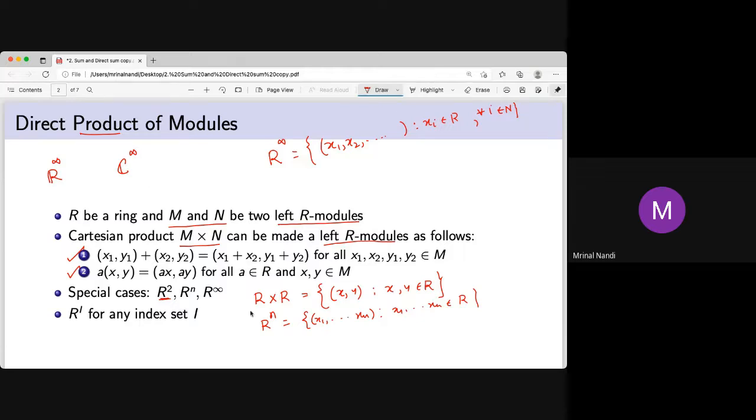Now we know that R to the power n is basically a polynomial with its coefficients from R. That may be the real number set, maybe the complex number set. It may be any field. Now x1, x2, xn are like coefficients. So it is x0 plus x1 t plus x2 t squared, something like that.